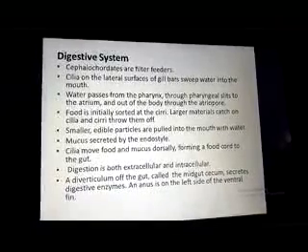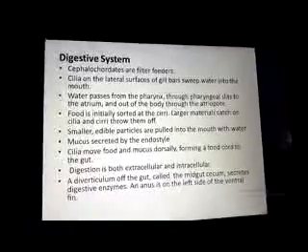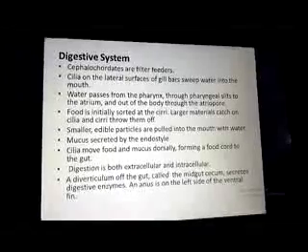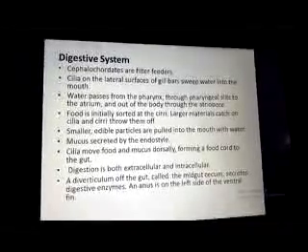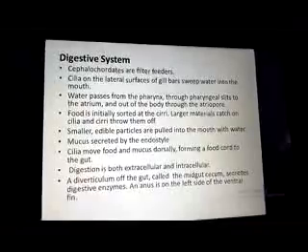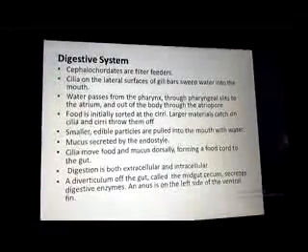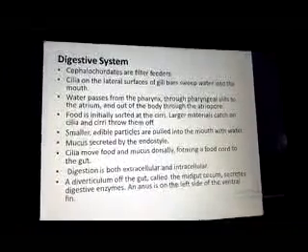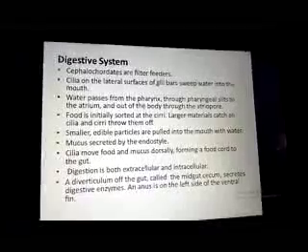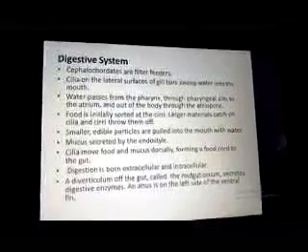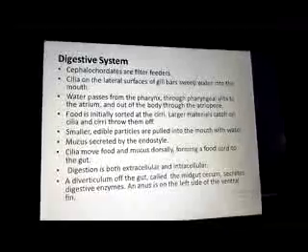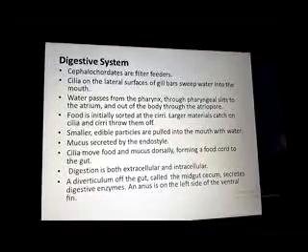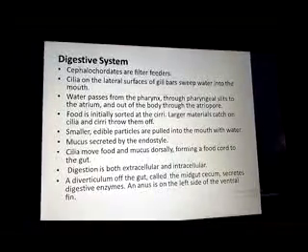Large particles are thrown outside, and small particles enter with the water into the mouth, and from the mouth into the pharynx. From the pharynx, the water is removed outside through the gill slits into the atrial chamber, and from the atrial chamber, the water is removed outside through the atriopore. The food particles present in the water are filtered from the water.